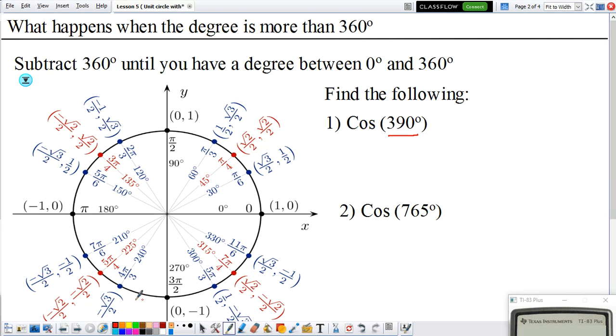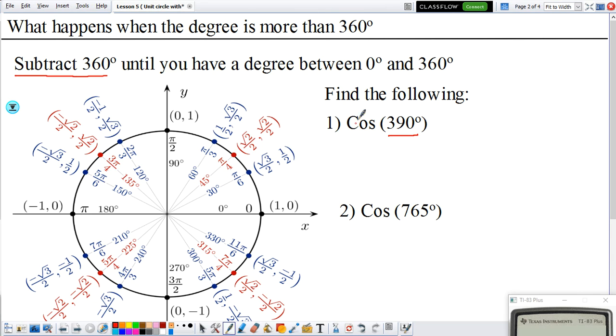If you look at your unit circle, all the angles go all the way to 360 and then repeat again. So there is no 390 degrees in your unit circle. If you have a degree greater than 360, what you have to do is subtract 360 degrees until you have an angle between 0 and 360.